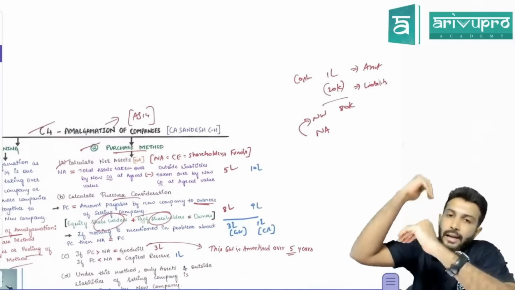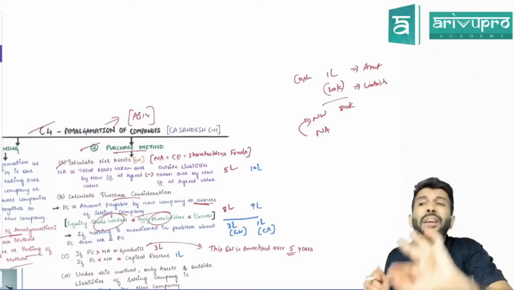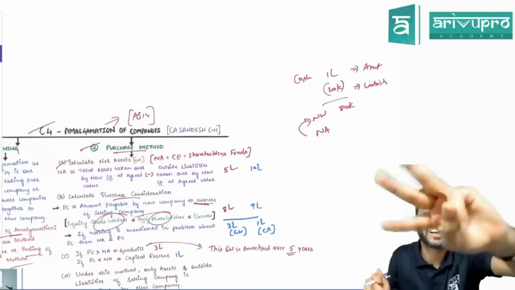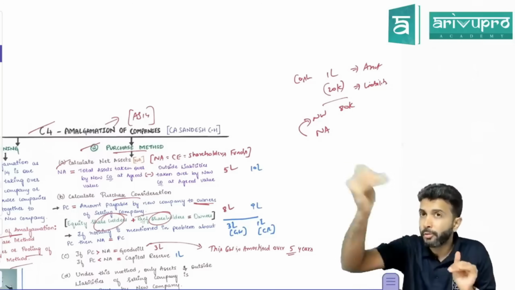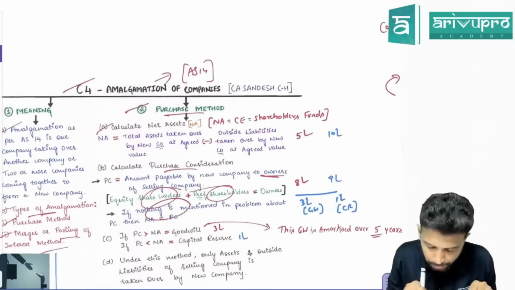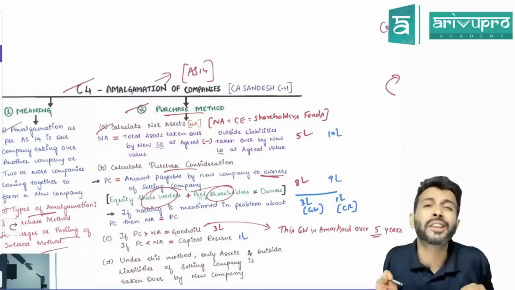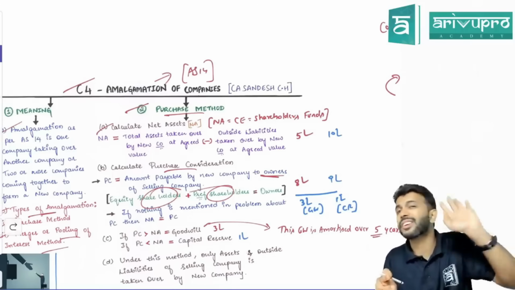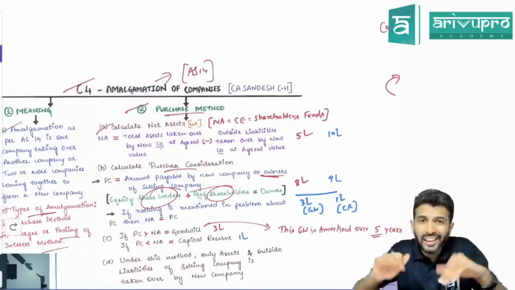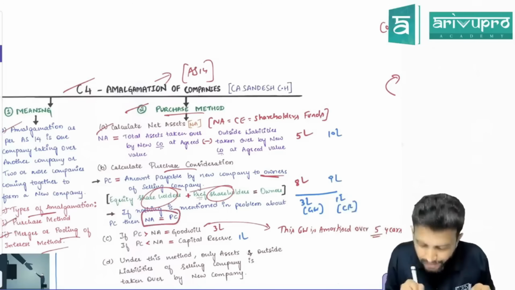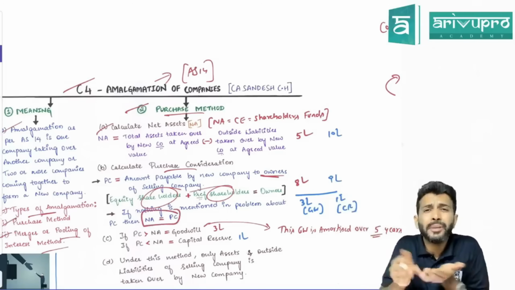So first you have calculated net assets, then you have calculated PC, for comparison purposes. But before that, if PC is missing in the problem, some problems don't tell how much the purchase consideration is. So if PC is missing, what do you do? Calculate net assets, and net assets itself becomes the PC, because net assets means the worth of the business.